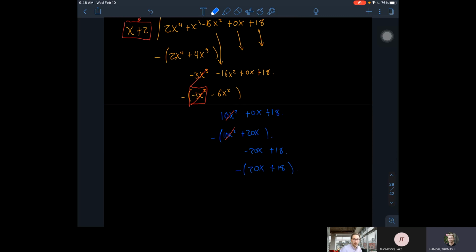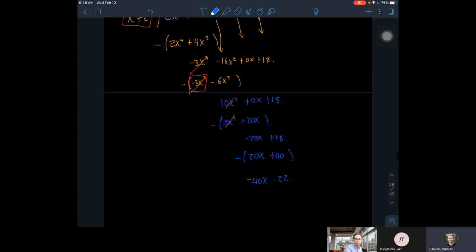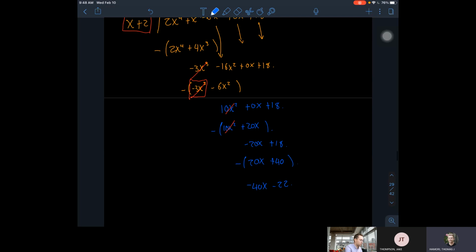And what does that simplify to? We then get negative 40x. Not a plus 18. That should have been a plus 40. Okay, so something happened here. This negative 20x and this 20x didn't cancel each other out. They actually doubled.